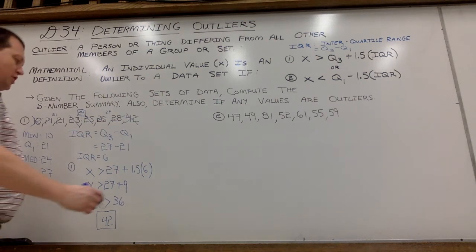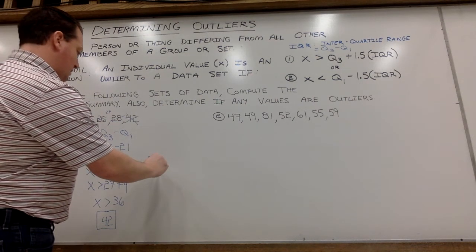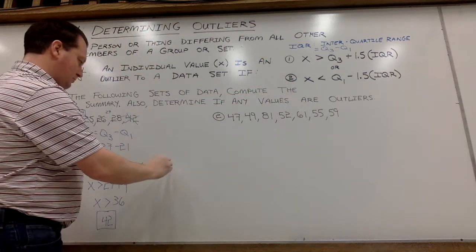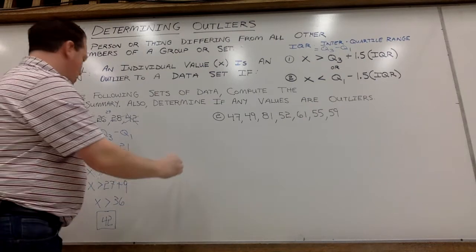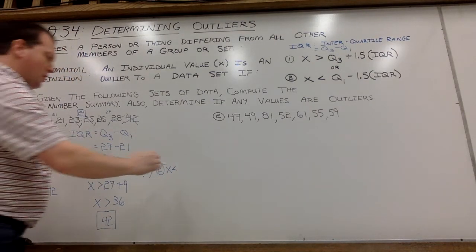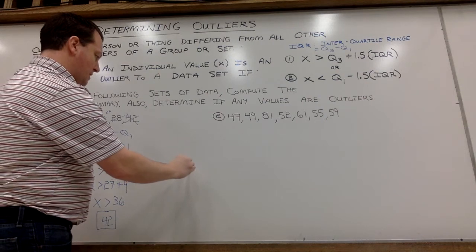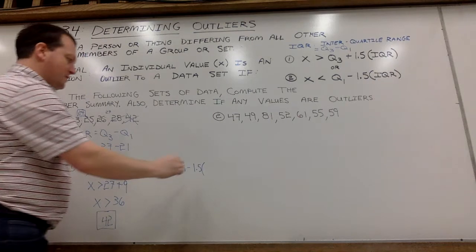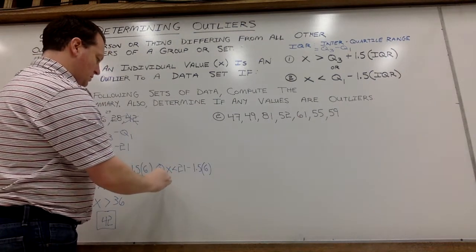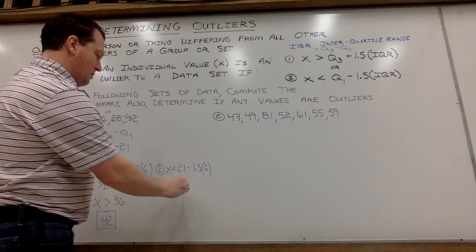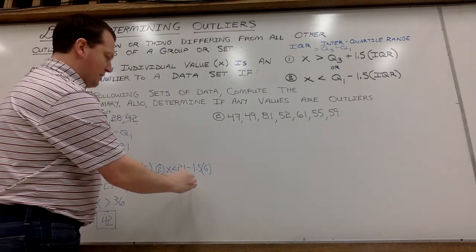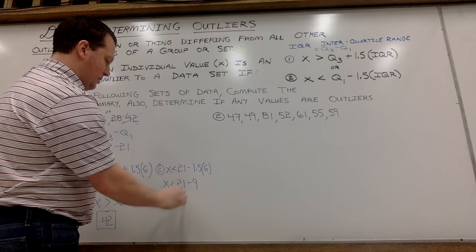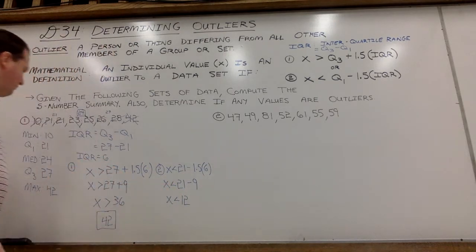And then I also want to check, do any values fall below Q1, which we said was 21, minus 1.5 times that IQR of 6. So are there any values that are under 21 minus 9? Are there any numbers that are smaller than 12?